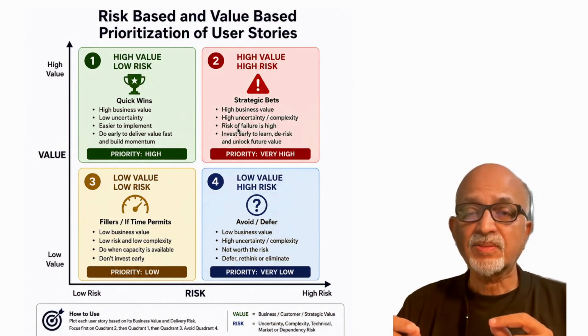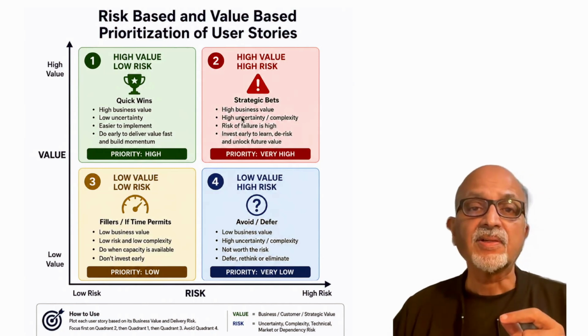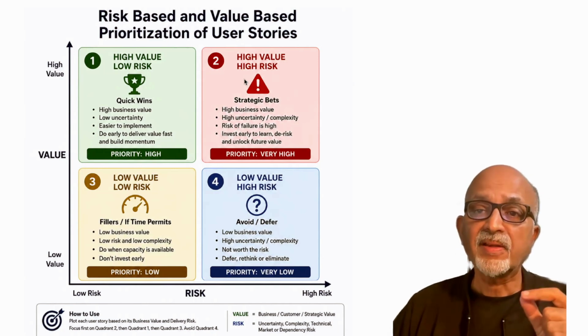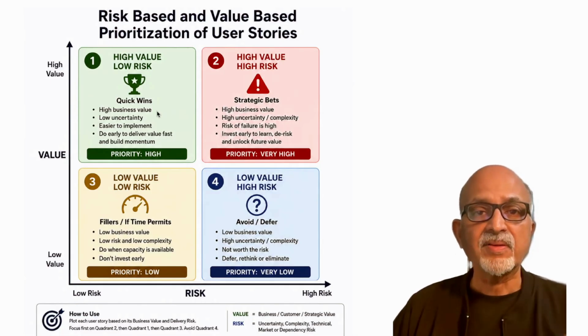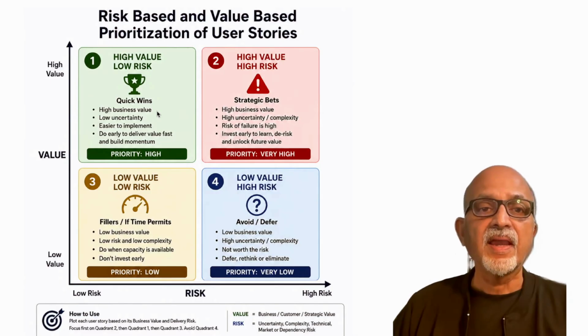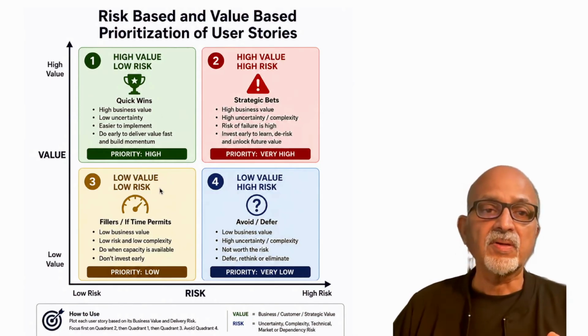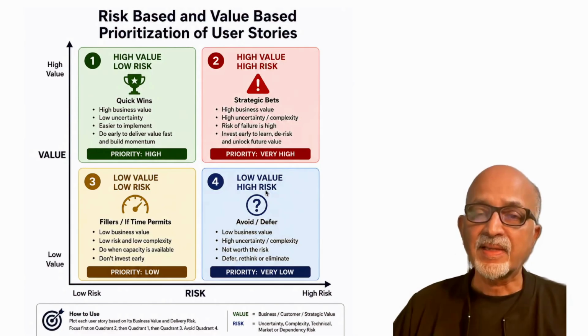So it is better to always give top priority to high value, high risk items. They should get priority, followed by high value, low risk items, and low value, low risk items. Low value, high risk items, it is better not to do them, because why should we do it?